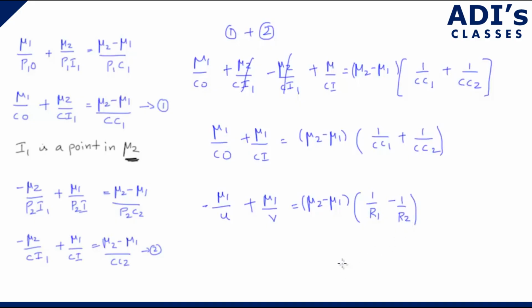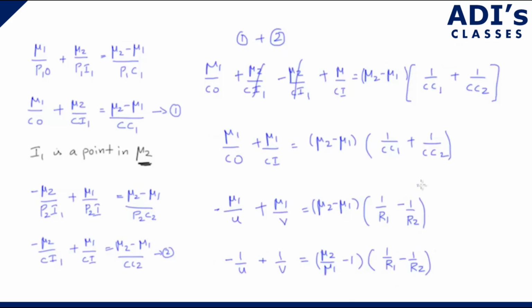Correct? Now, divide the entire equation by mu1. If you do that, you have minus 1 by u plus 1 by v is equal to mu2 by mu1 minus 1 into 1 by R1 minus 1 by R2. Fine. So we divided by mu1, that's why we get this equation.